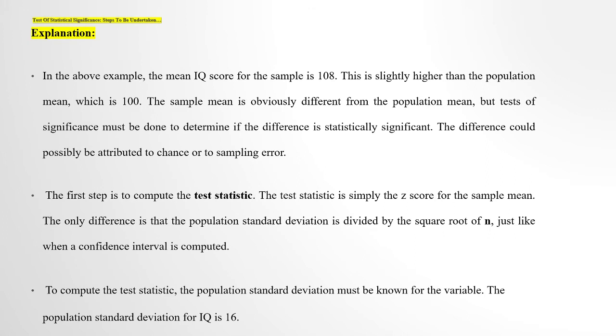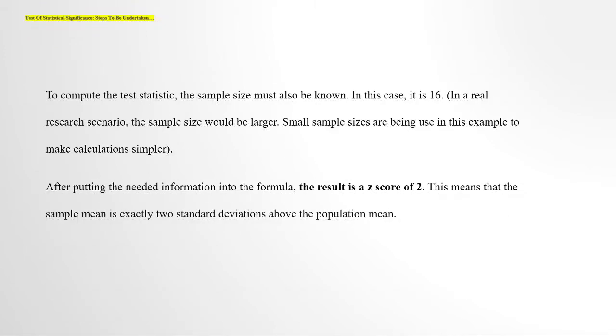N is the sample size, just like when a confidence interval is computed. To compute this test statistic, the population standard deviation must be known for the variable, which here is 16. The sample size must also be known. In this case, it is 16.